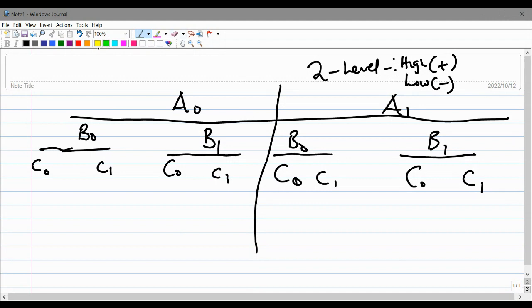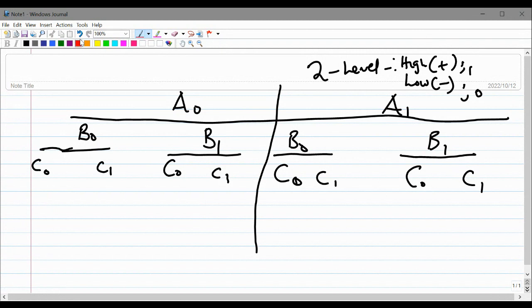If you see a subscript 0, it means it's low. If you see a subscript 1, it means this is high.